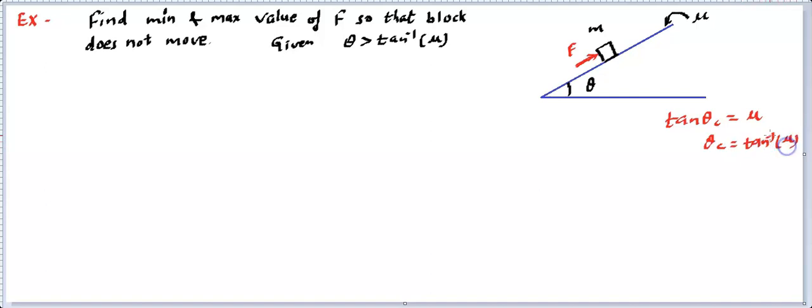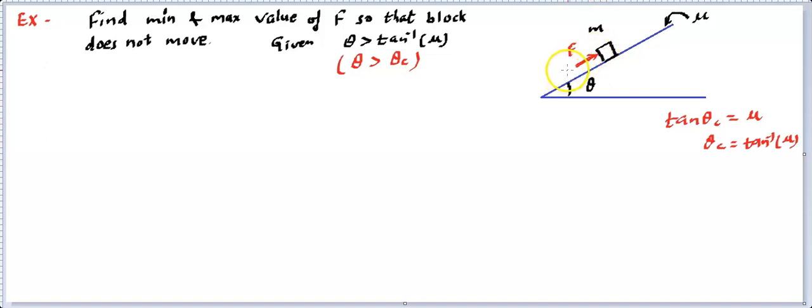That means if you place a block, whether it will slide down or not can be observed by using the critical angle. Here the theta that you are opting is greater than theta c. That means if you release a block without applying a force, it will slide downside. So you need to apply a force to prevent it from sliding downside.